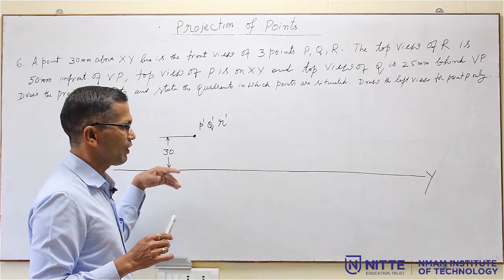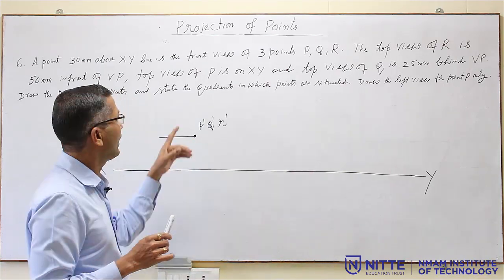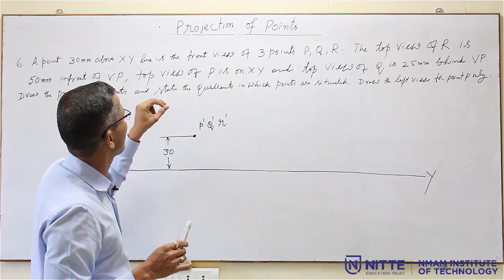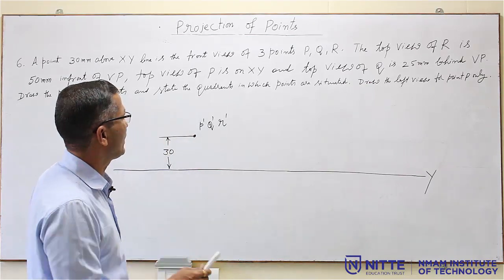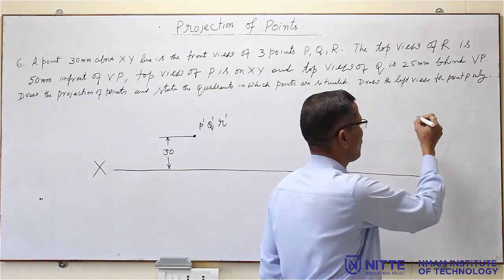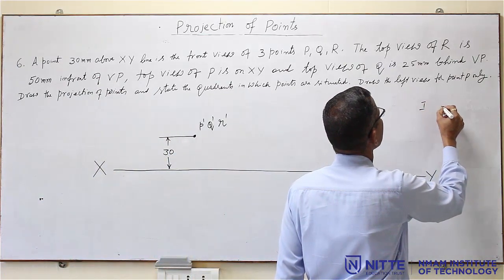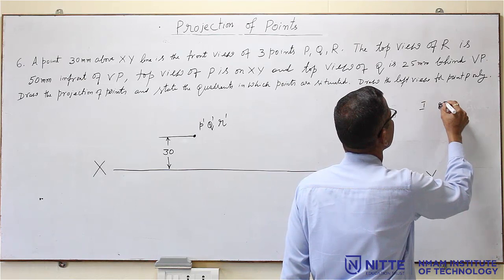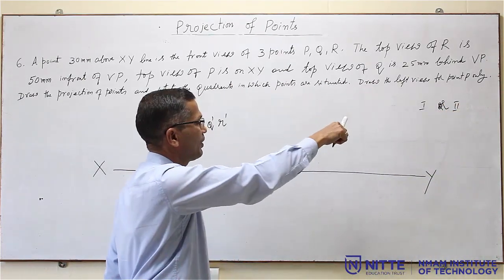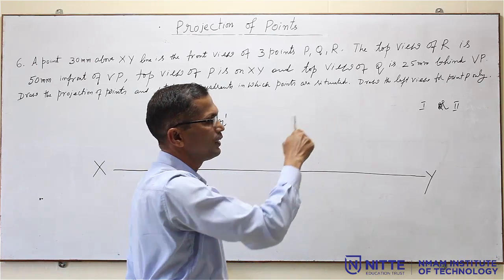In the third quadrant also the front view will be below the xy line, but already in the problem they have told that the front view is above the xy line. That means 50% of the job is over, either it is the first quadrant or second quadrant. So, some of the points may be in the first quadrant and the remaining points in the second quadrant.